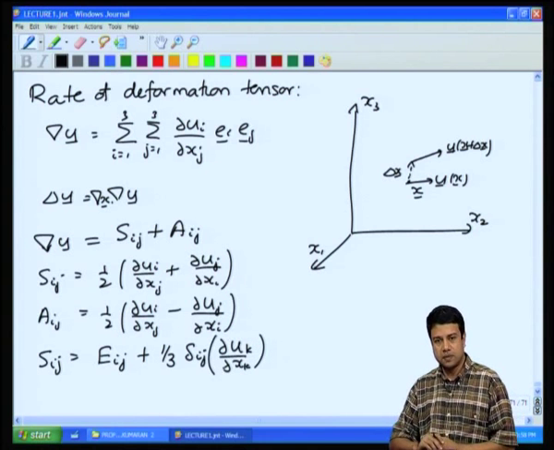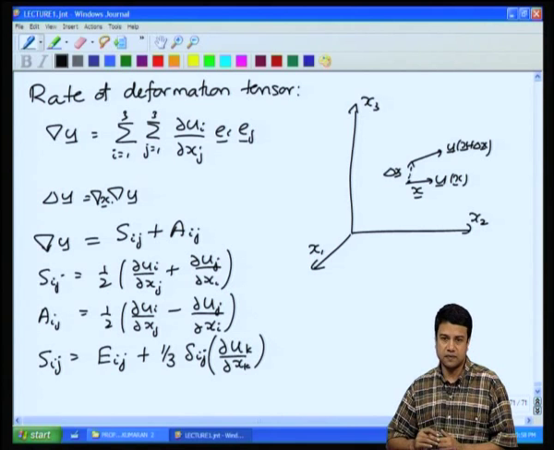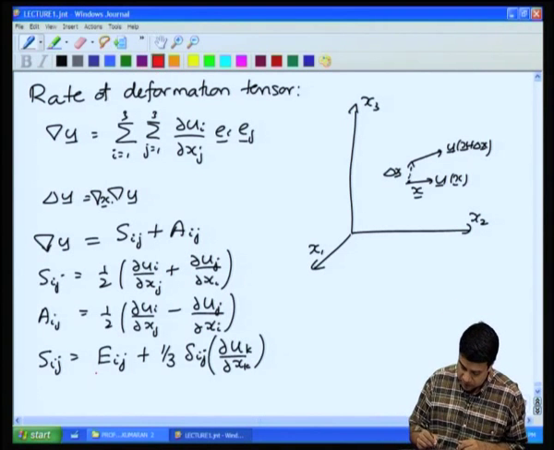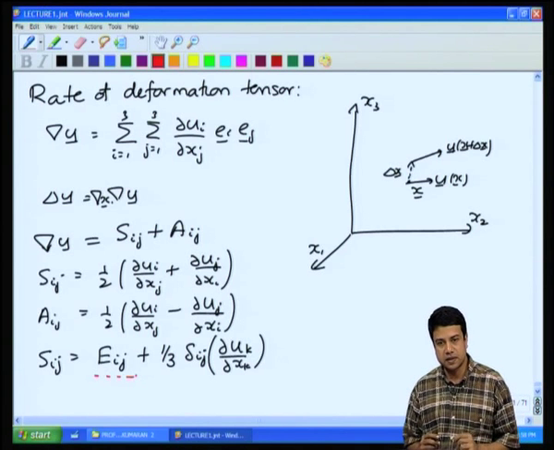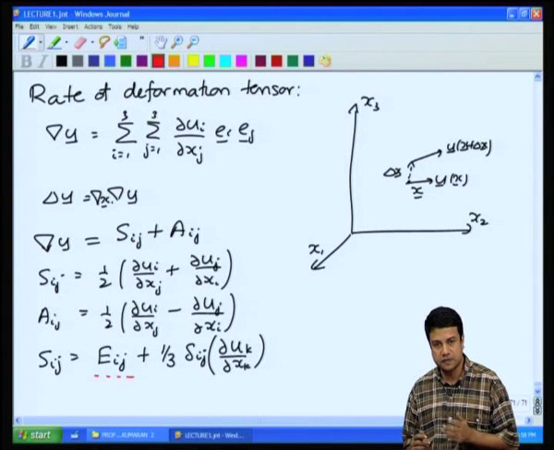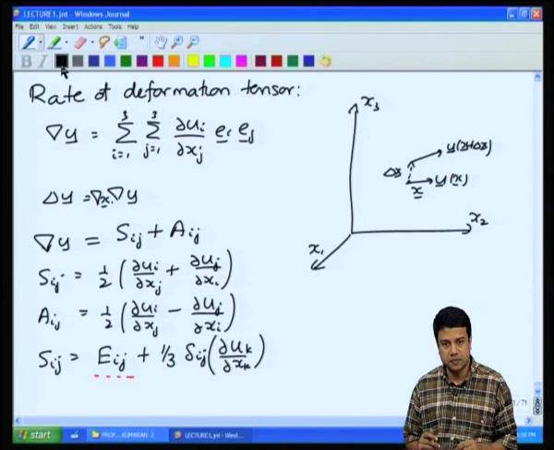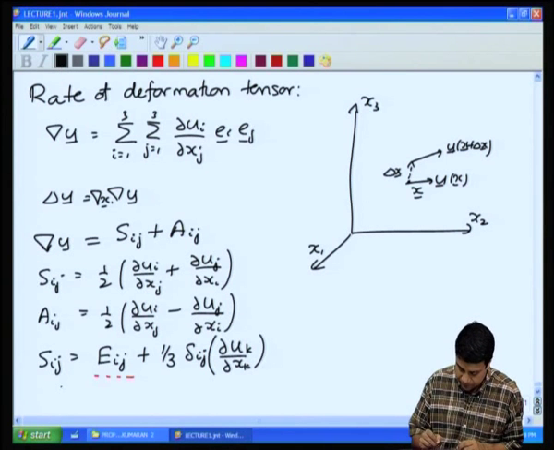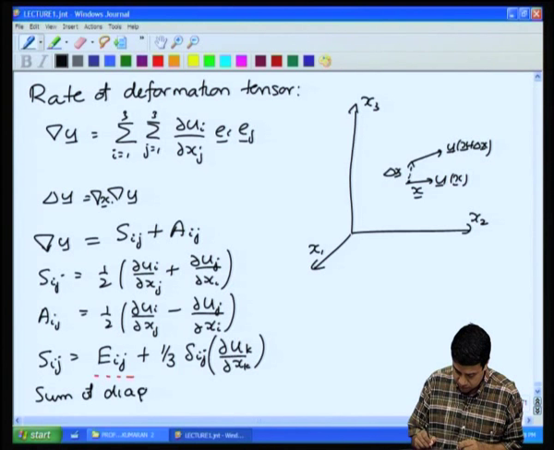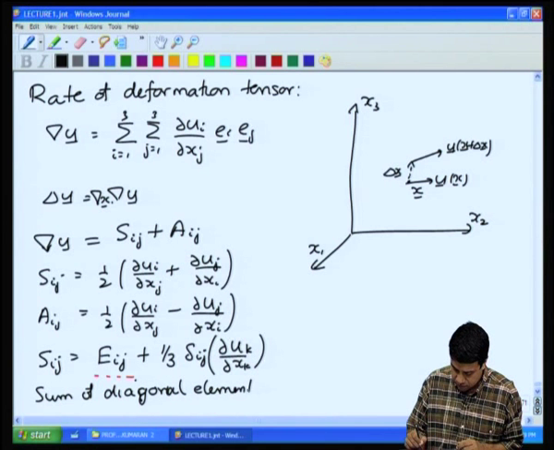In the previous lecture, I had written this as the divergence of u. Partial uk by partial xk is also the divergence, because there is a repeated index, so there is a dot product. So, this thing is a symmetric traceless tensor. What that means is that the sum of the diagonal elements of this tensor is equal to 0. And I showed you in the last lecture that the sum of the diagonal elements of this tensor is just equal to Eii.